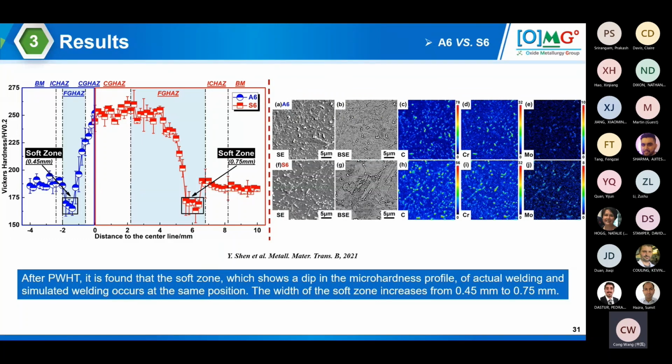The width is from 0.45 to 0.75 here, and they have very similar microstructure. We are doing SEM, also with EPMA elemental mapping, on the carbide formation and carbide population.